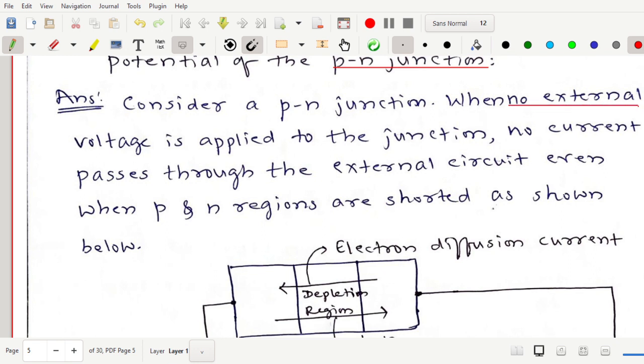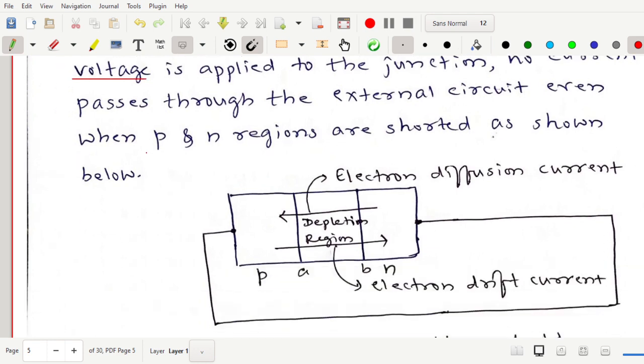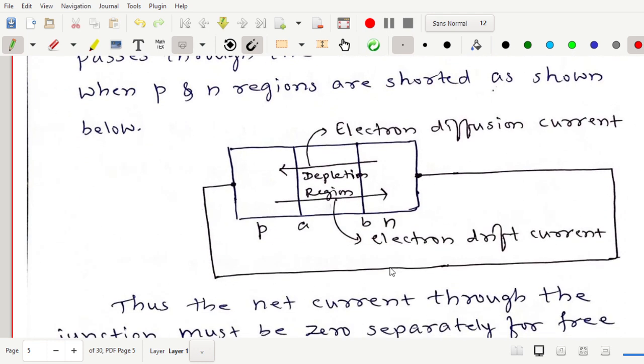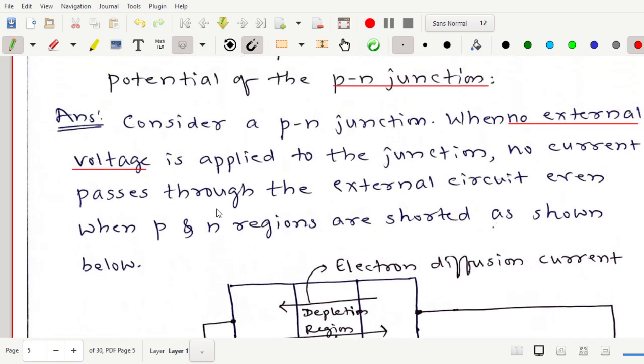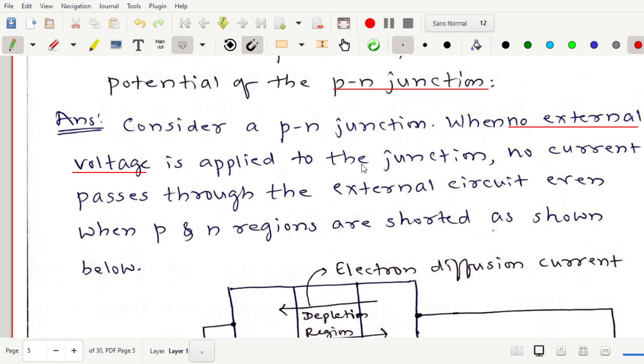So we are having a PN junction in a condition that no external voltage is applied. That means for the PN junction, there is no external battery connected here. So we can see here there is no external battery.